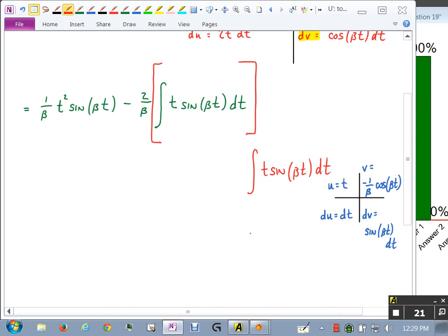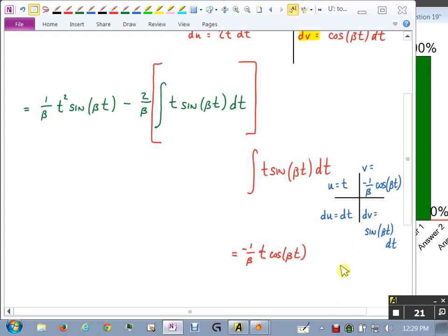So please help me rewrite just this red integral. What's it going to become? uv, right? So negative 1 over beta t cosine beta t. So I'm doing my uv straight across here.